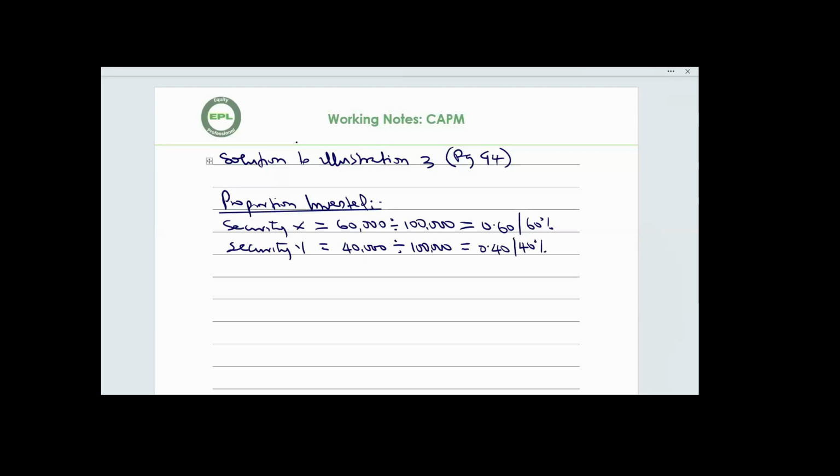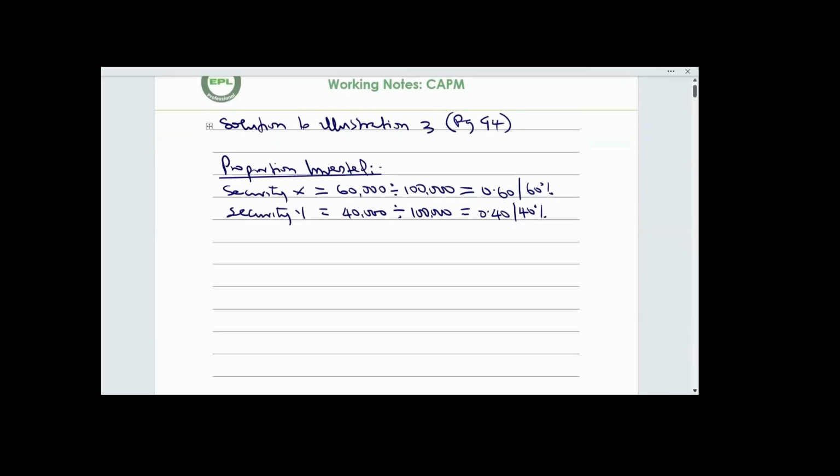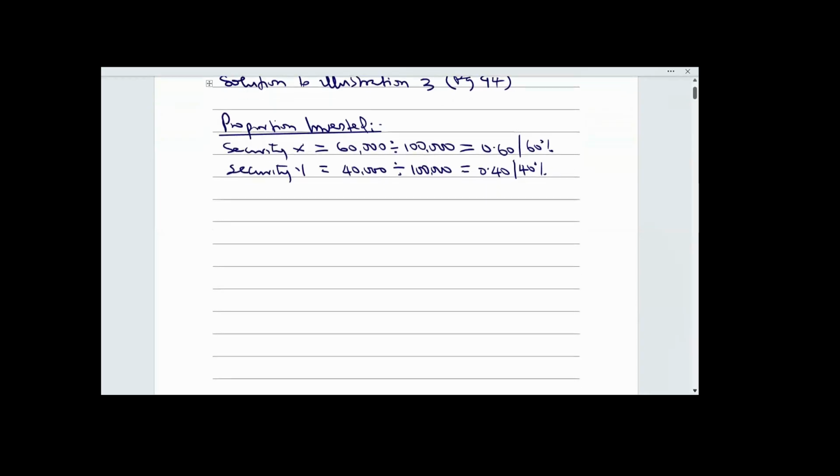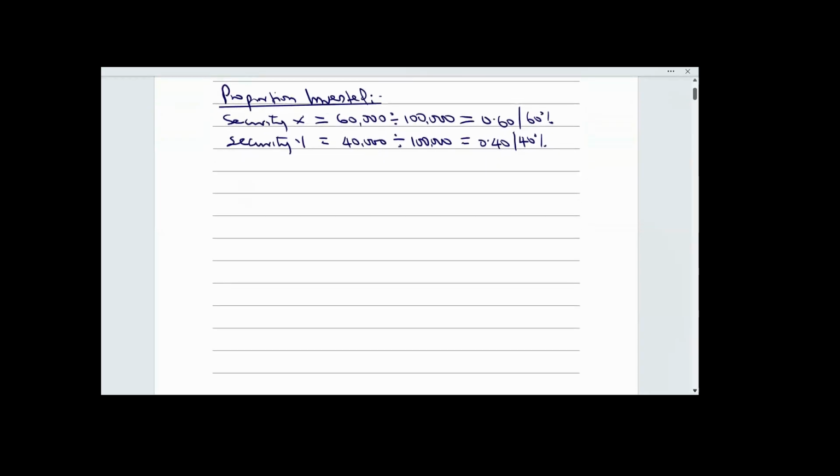Okay. Not only that, also in the question, the returns given to us are in naira. They are in absolute value, so you need to convert them to percentage. All right, so conversion of return to percentage.